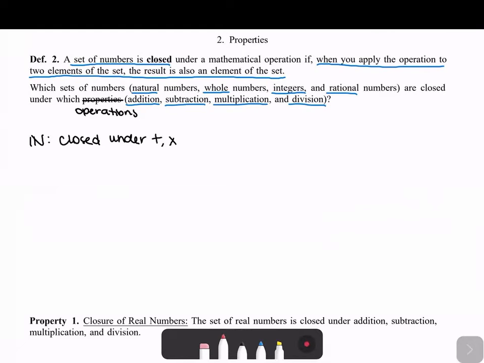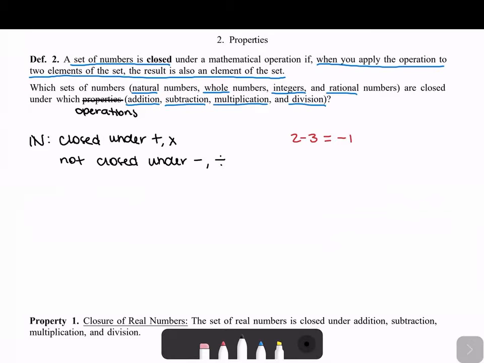However, we can't always subtract natural numbers. For example, if we do 2 minus 3 and get -1, well, -1 is not a natural number. So we can see that it is not closed under subtraction, and then it's also not closed under division because division is just repeated subtraction.